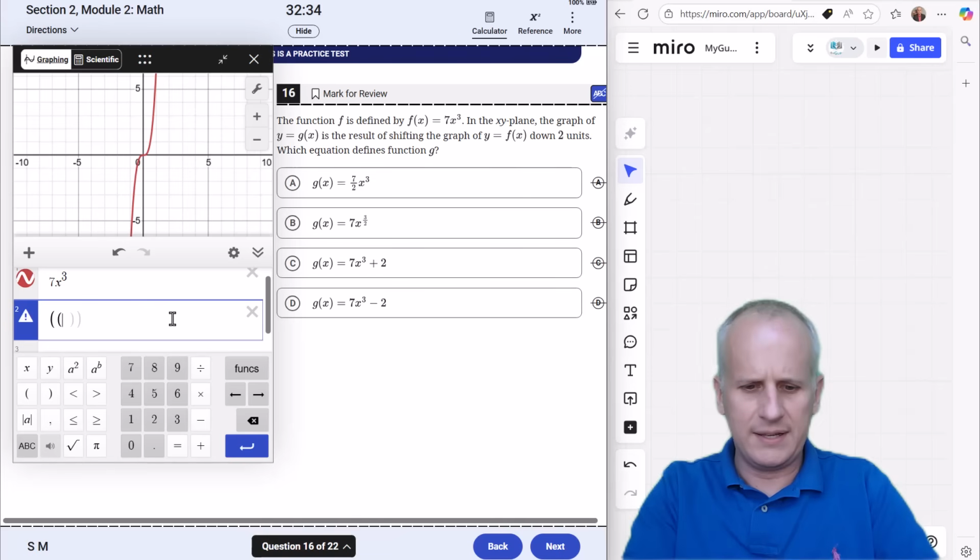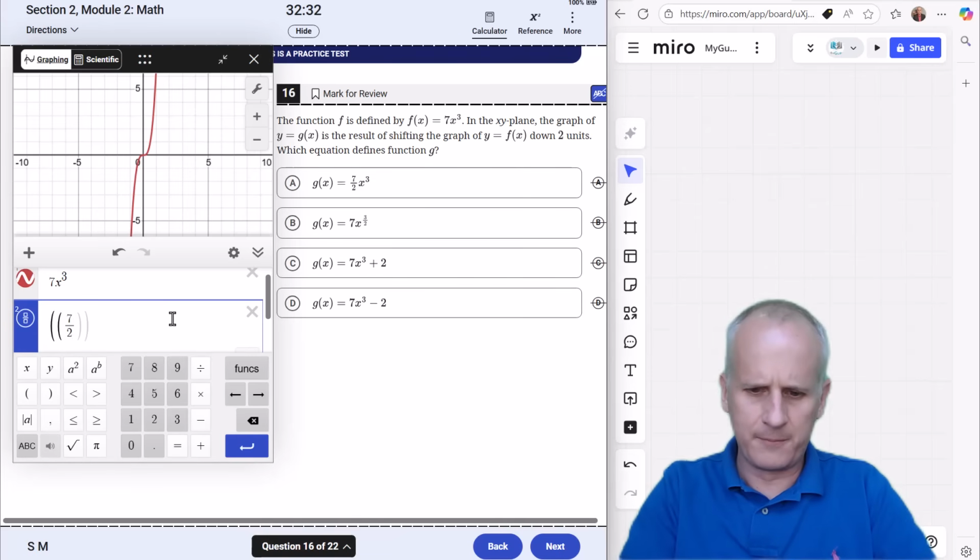So if we did 7 halves times x cubed, it's close, but it's not quite right on top. So A would be out.